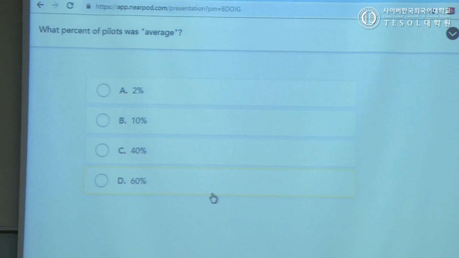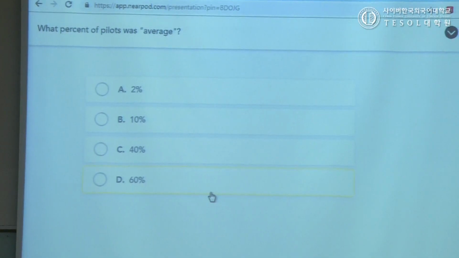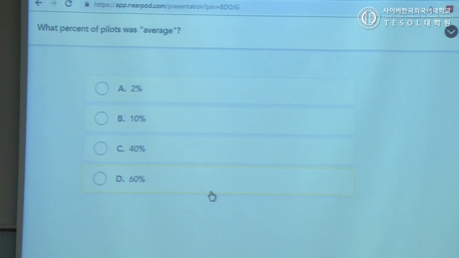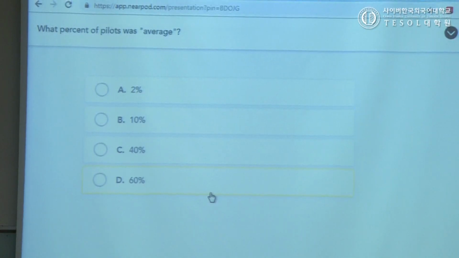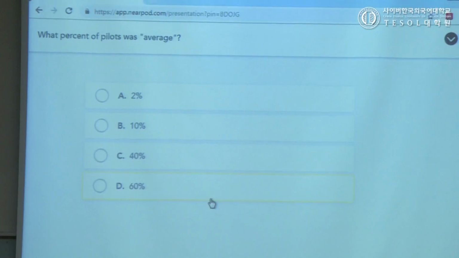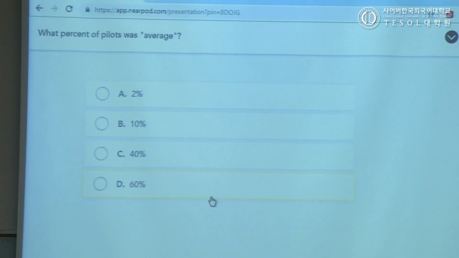But because I don't want to embarrass anybody, I'm going to click on this so you don't see each other's responses. So pick any percent. I'll give you another 10 seconds.